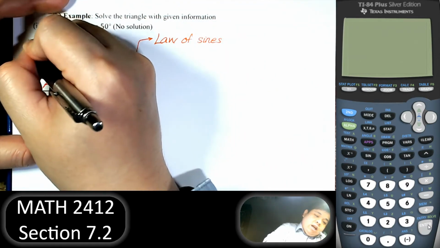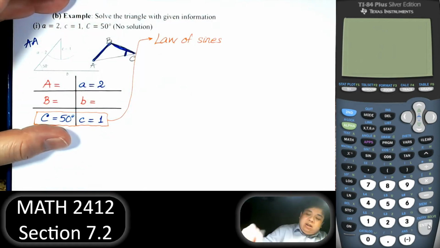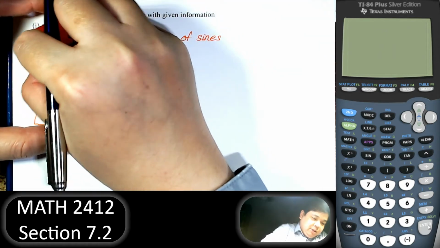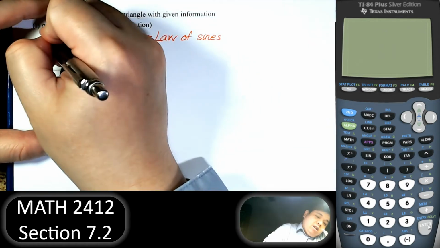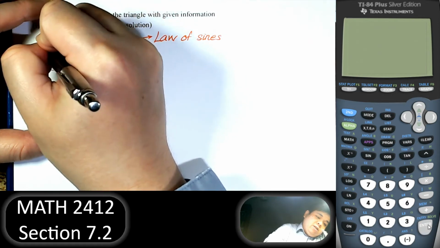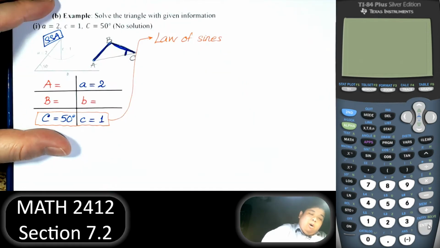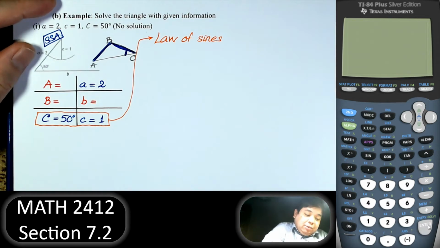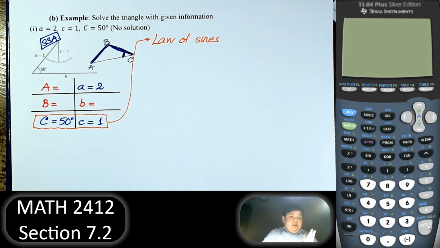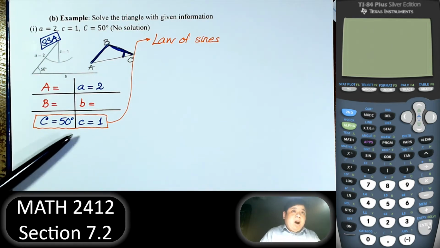So this is the SSA scenario. Almost spelled that backward. Right. So, of course, when we have that, we have to be very careful. But regardless, we have a pair of opposite angle and side. So that is the law of sines.